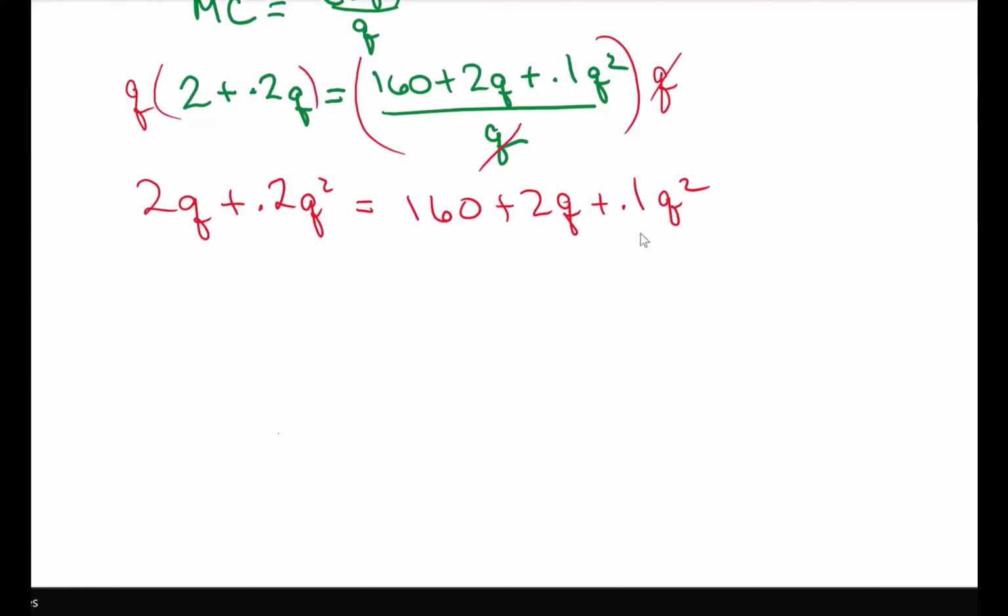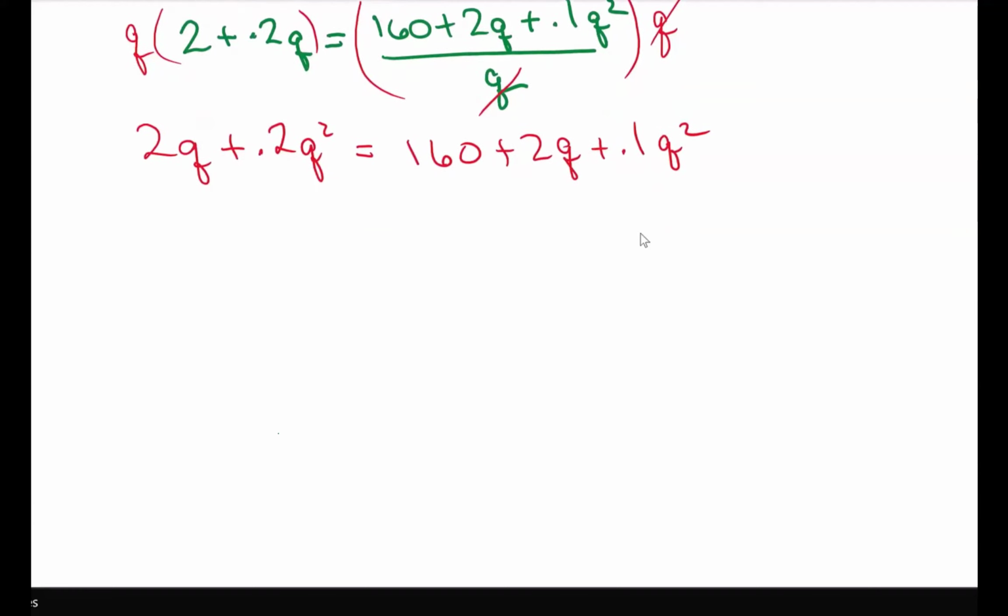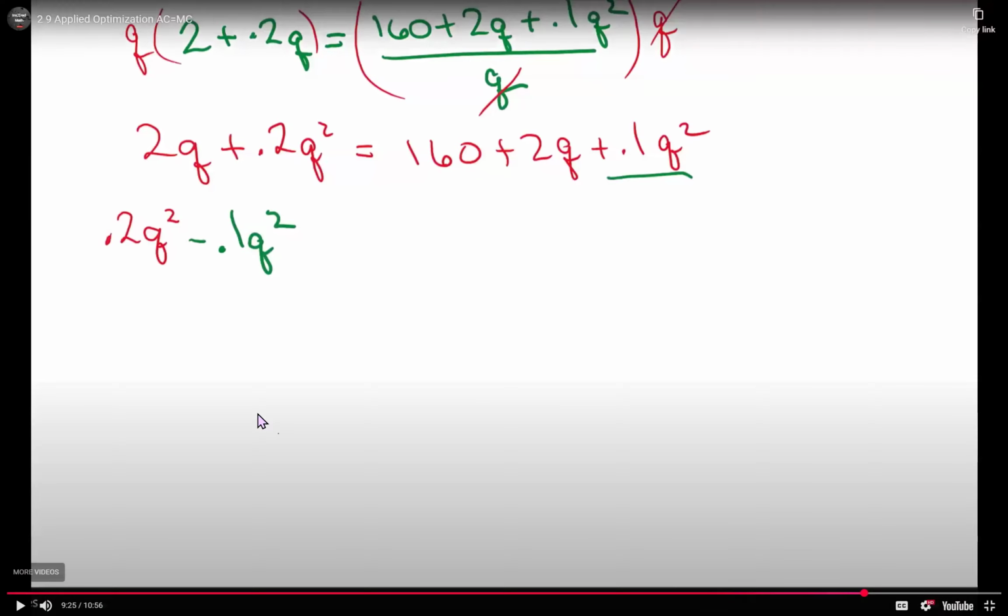So we're going to get everything over to the left, which means I have 0.2 Q squared. Next, I'm going to subtract 0.1 Q squared. Question: is there a reason why you need to do it on the left side?